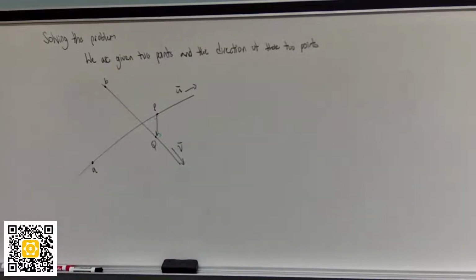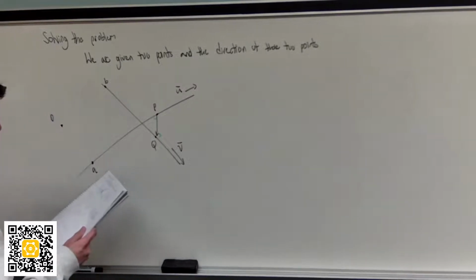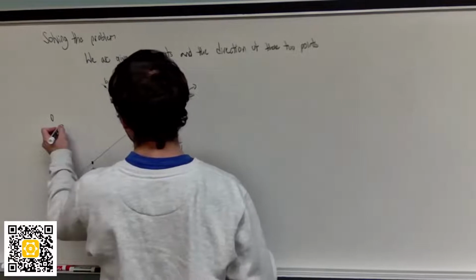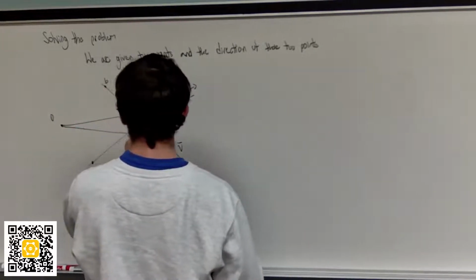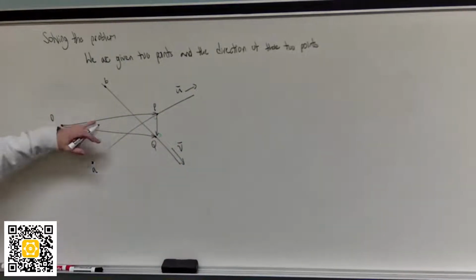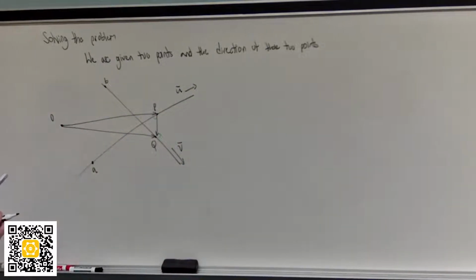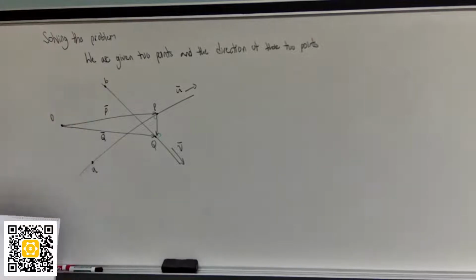Let's say we have our 0 or origin right here. We're going to want to draw a vector from the origin to P and then from the origin to Q. Why do we want to do that? Because if we have these two, P and Q, then we can figure out the P to Q.